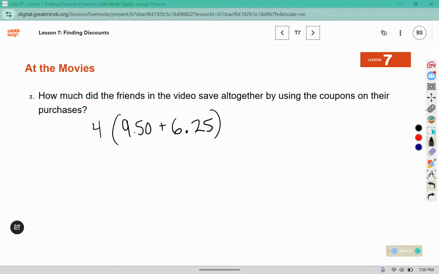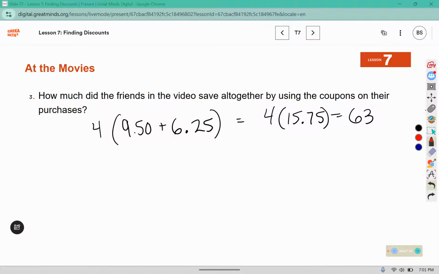So let's find the total for all 4 people. Start by adding $9.50 and $6.25 together, which is $15.75 per person.